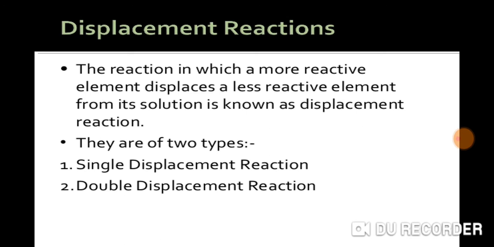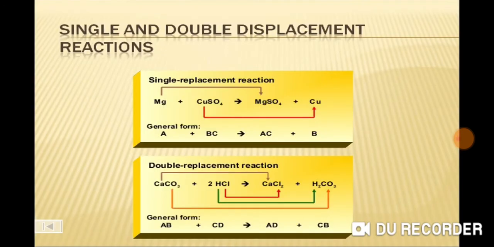When two or more elements are present in a compound, in a displacement reaction the element that is less reactive or is poorly bonded is most probably displaced from the A or B side. The one whose reactivity is low, that element replaces the other element. So it is further divided into two categories: single displacement and double displacement reactions.